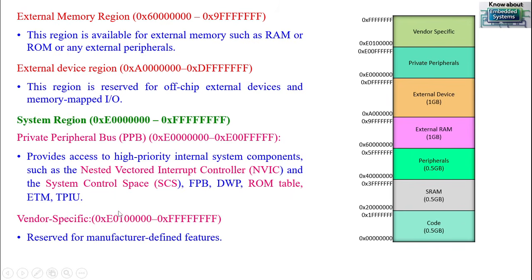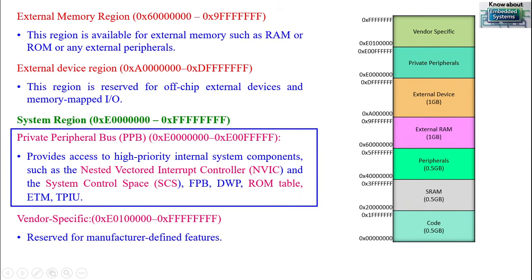So what do you mean by private peripherals? Private peripherals are the peripherals which are related to our core processor. In our processor also we have some built-in circuitry or built-in peripherals. Those are all called private peripherals. These private peripherals include our NVIC, that stands for Nested Vector Interrupt Controller.